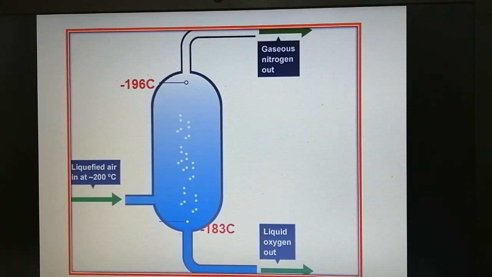One important use of oxygen is in the conversion of impure iron from the blast furnace into steel. One more use, you all will know, is oxygen for artificial breathing. All hospitals need oxygen cylinders. Hope you understood this.